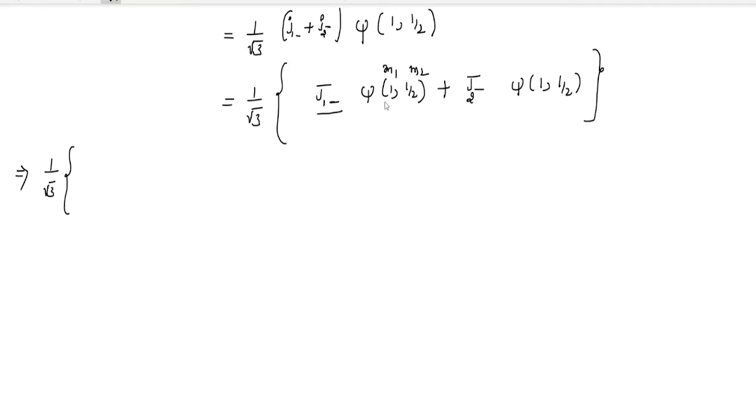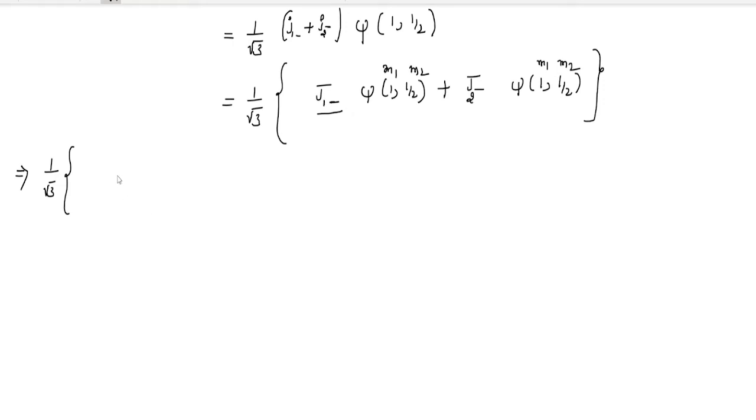Here the m1 state will decrease by 1 state. For j2 minus, the m2 state decreases by 1 after applying this operator, and we can get eigenvalues.